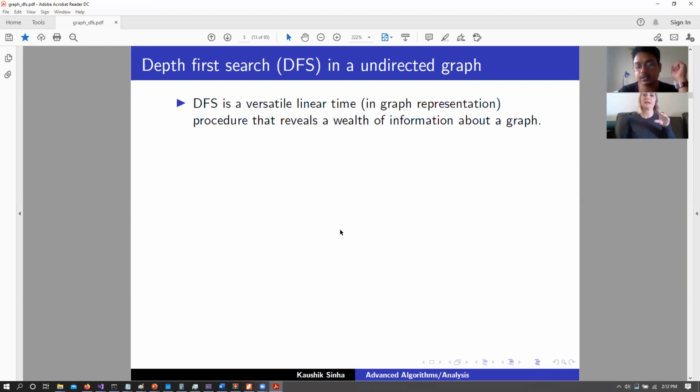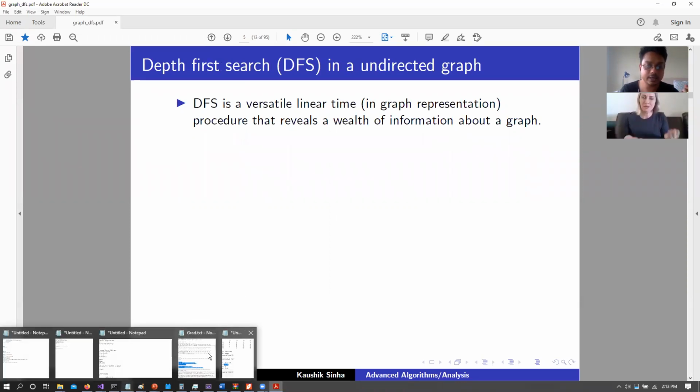Depth first search is an algorithm that figures out if a graph, so basically it searches from a particular node of a graph and traverses this entire graph one node at a time. Right? So this gives you a lot of information about the particular graph. Let's say that somebody has given you a particular graph in some representation.